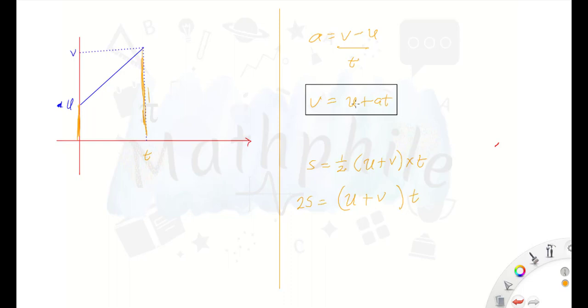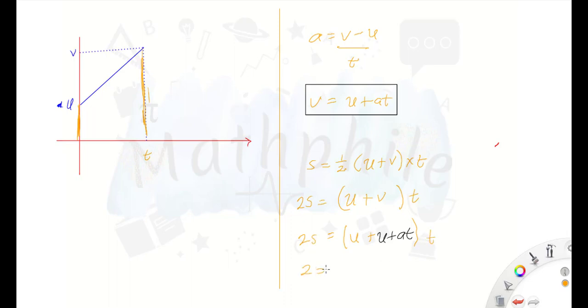So I can do the substitution: wherever I see v, I can put u plus at. So I can now write this v as u plus at. So u plus at plus u again should be equal to 2s.